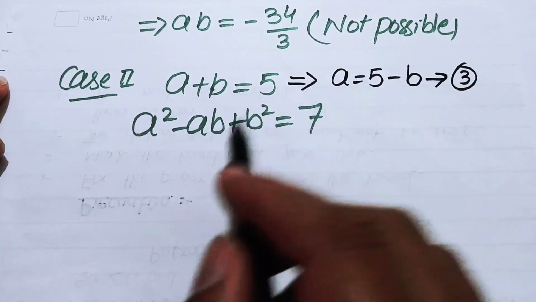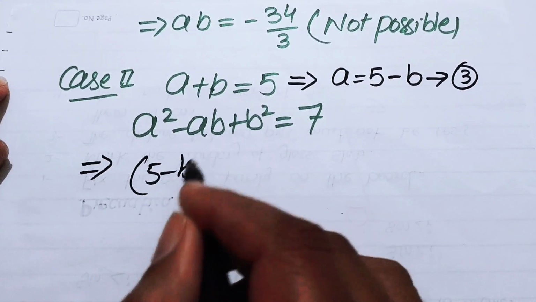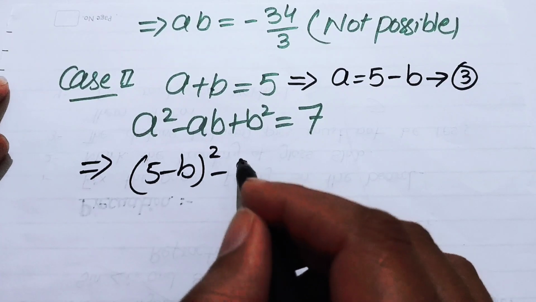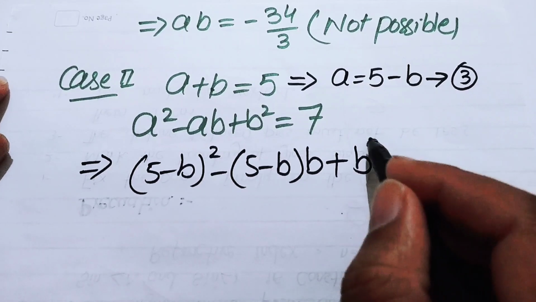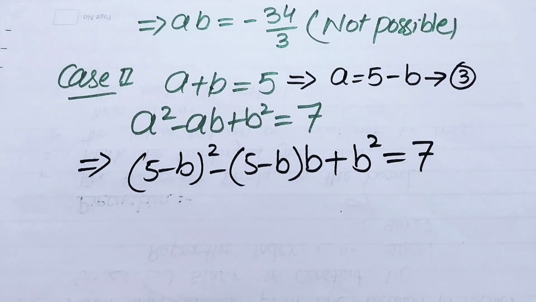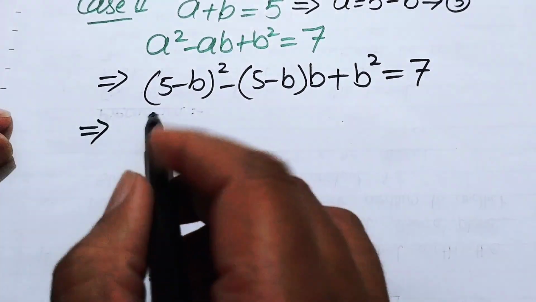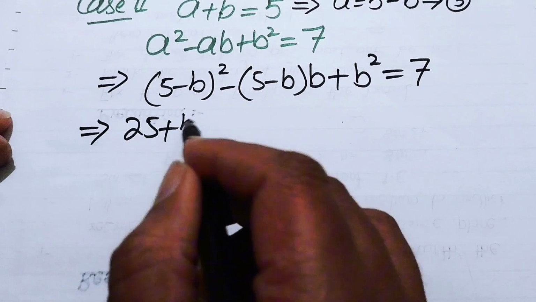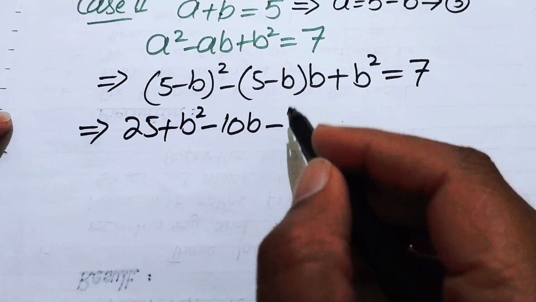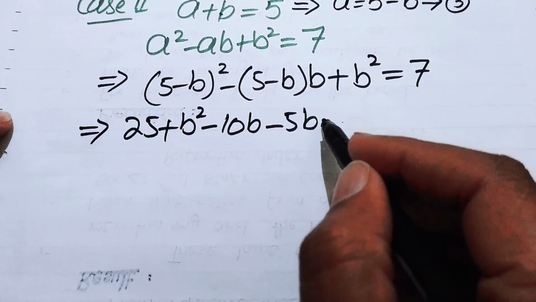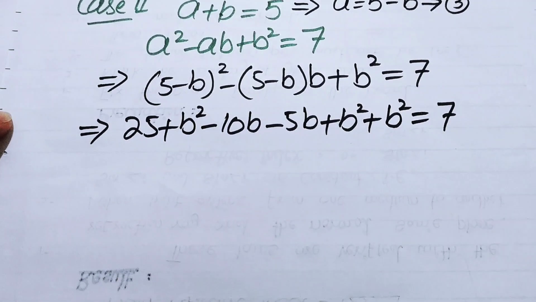And now we put the value of a here, then you obtain (5 minus b) squared minus (5 minus b) times b plus b squared equals 7. So now we will open this square, and we obtain 25 plus b squared minus 10b, and we multiply this b on both of the terms, and we obtain minus 5b plus b squared plus b squared equals 7.